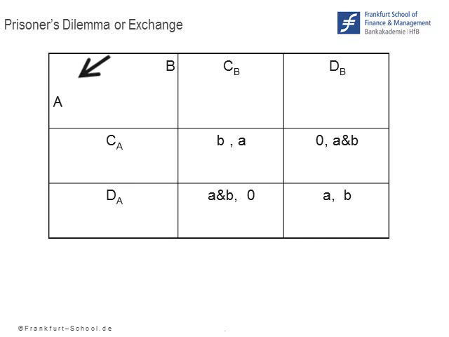There is a person A, and this person is the so-called row player. And there's a person B who is called the column player. The person A can play DA, that is, keep her good A that she is supposed to send on to the other person.